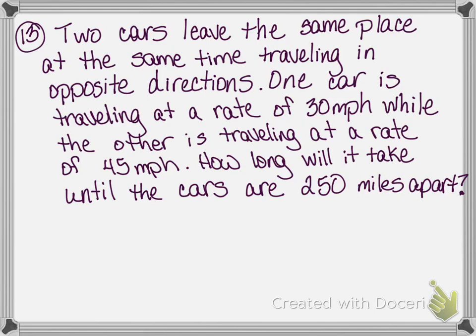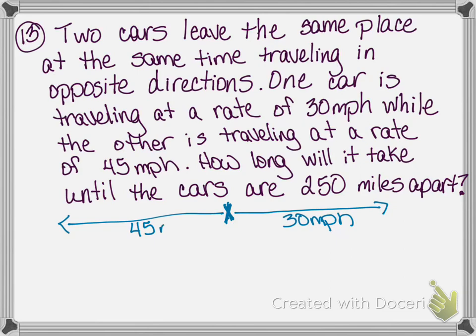So what we have here is a destination like Montevallo, and here are the two cars. One car is going this direction and one car is going another direction. One is going 30 miles per hour and the other car is going 45 miles per hour.